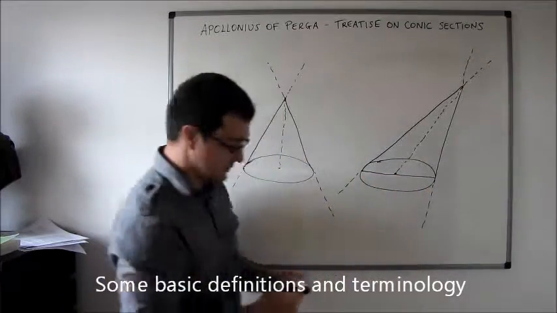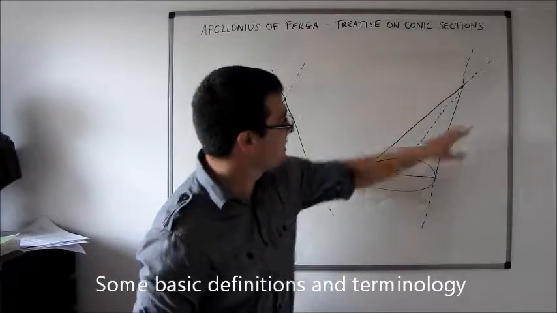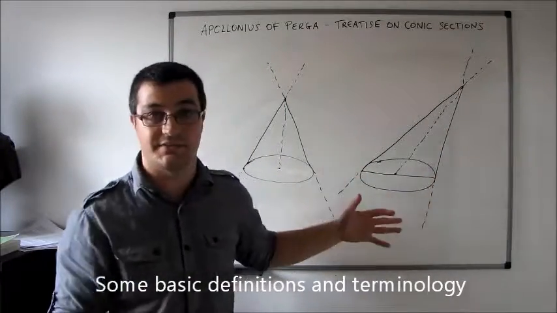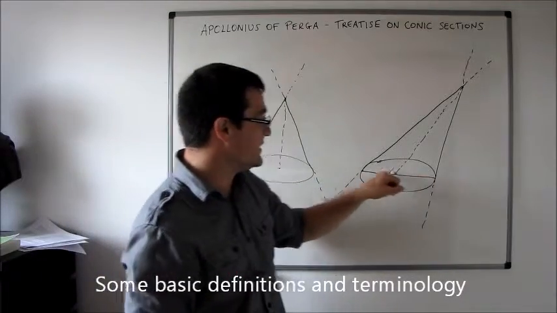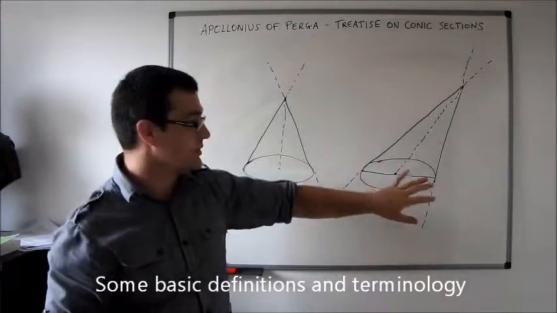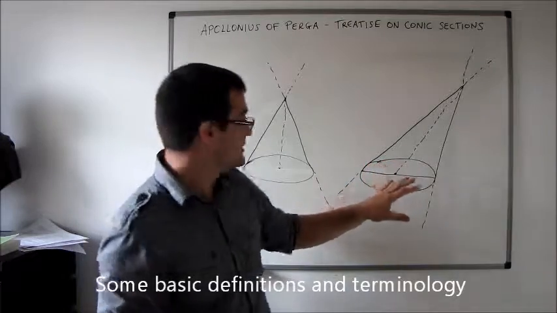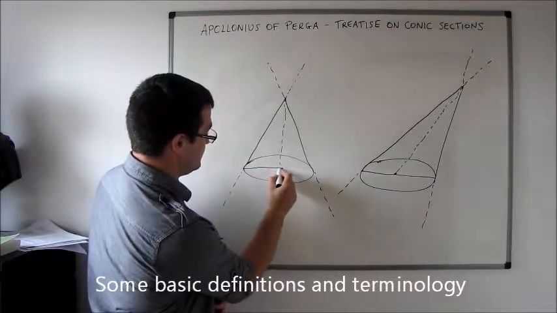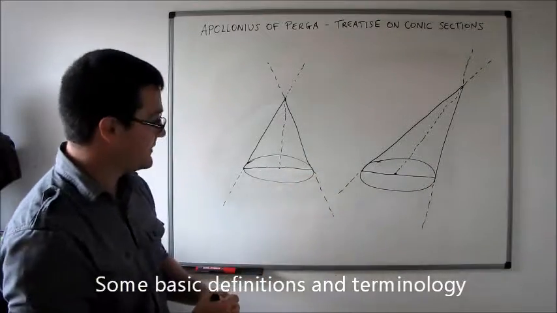I'll get something that looks like this. The line here is the base of the axial triangle, and it will be a diameter of the base circle. And similarly over on the right cone, it would be like that.